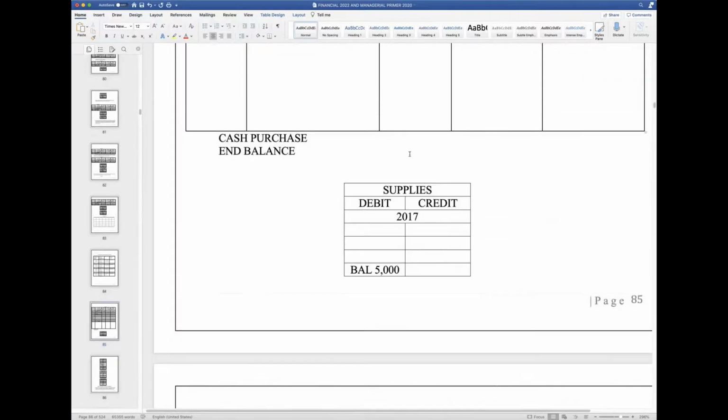So when we post the transaction, 15,000. What's the ending balance? 5,000. So what's our adjusting entry going to be? 10,000.